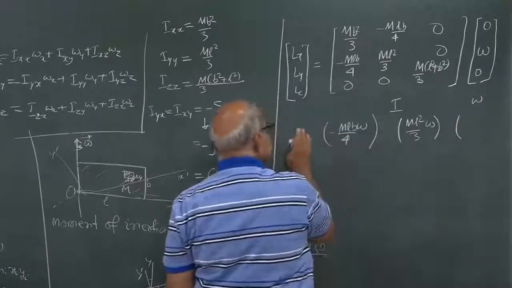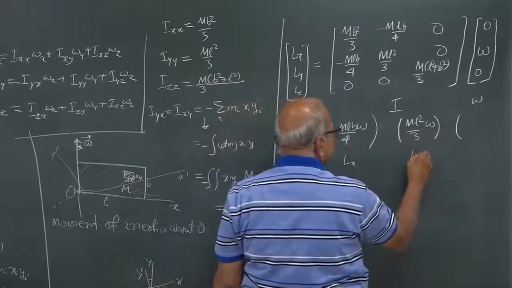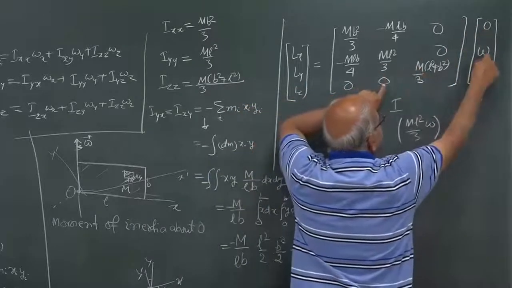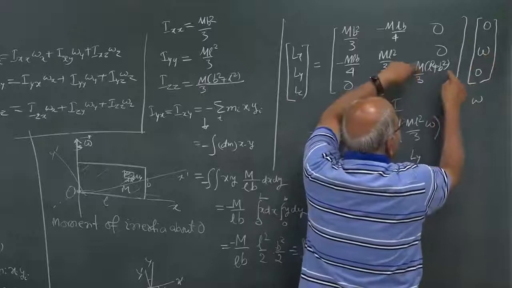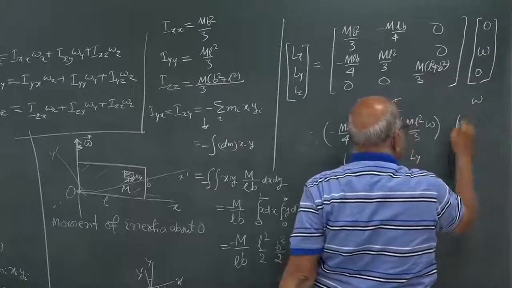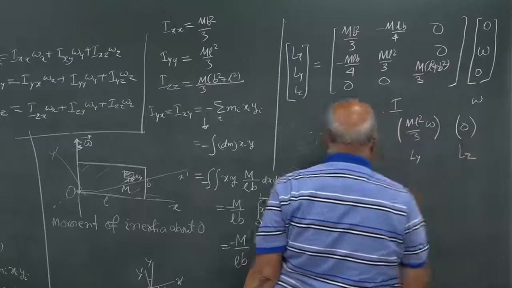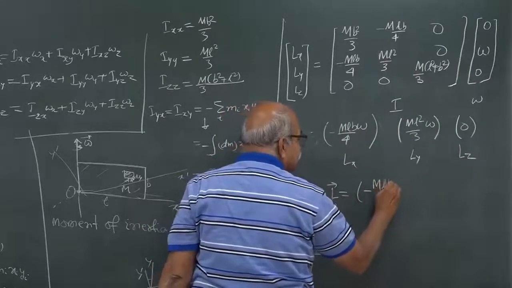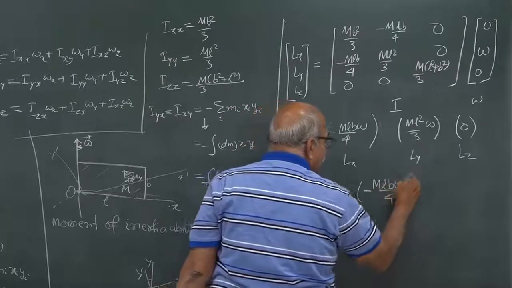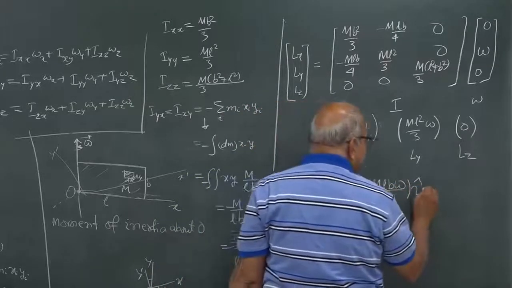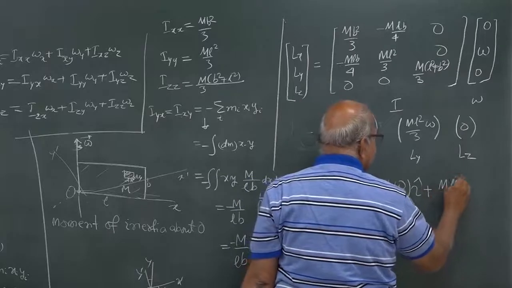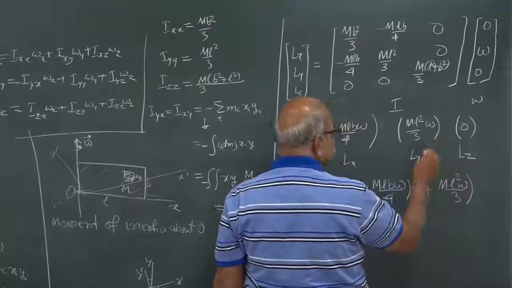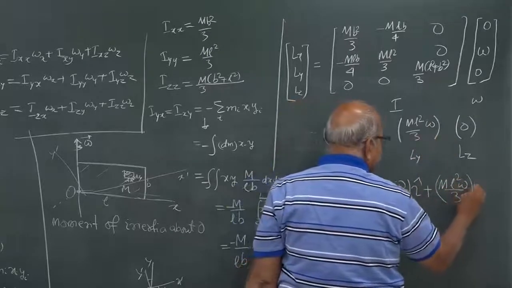And what is Lz? Lz is 0 into 0, 0 into omega, and this quantity into 0, all 0. So this is 0, this is Lz. That means L is minus m L b omega by 4 i cap plus m L square omega by 3 j cap.